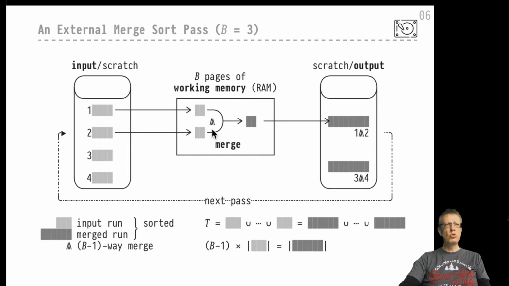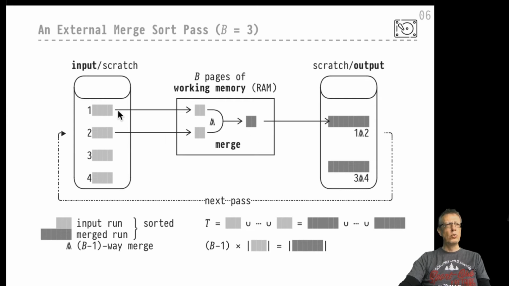Because the contents of these rows are already sorted according to our sorting criterion, it's very easy to perform a merge operation. We will look at the details by reading from these pages, and producing a merged result that will also be sorted by the sorting criterion. Whenever this page is full of sorted results, it will be moved over to the output run on the disk, on the external memory.